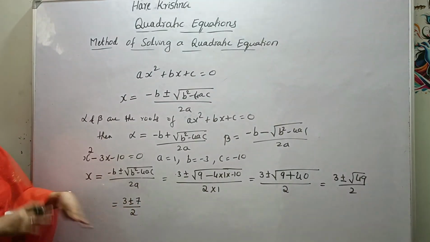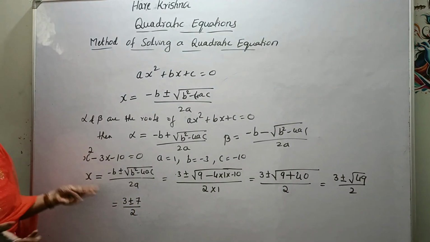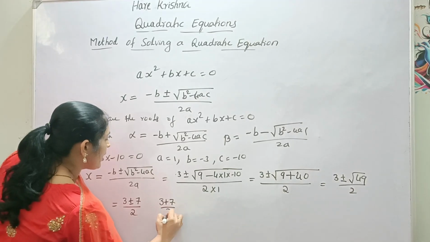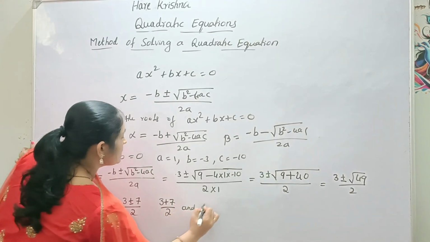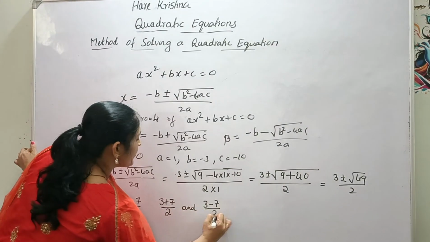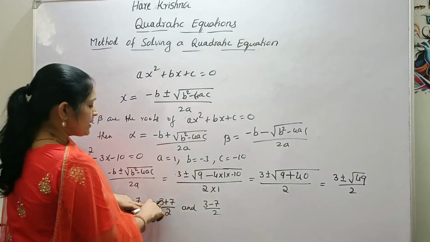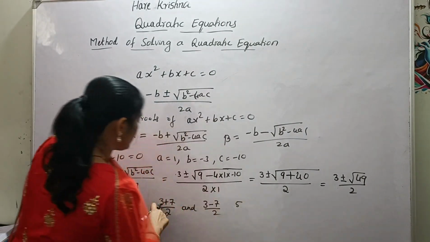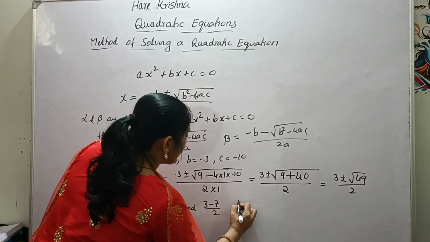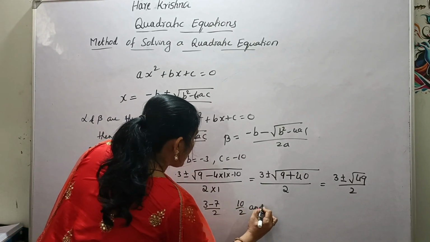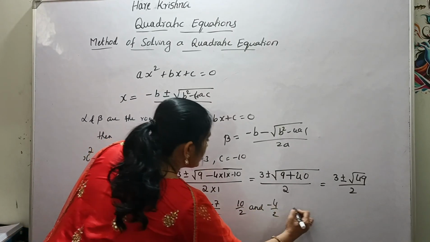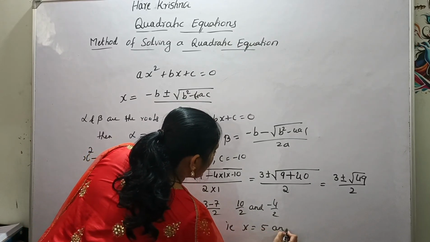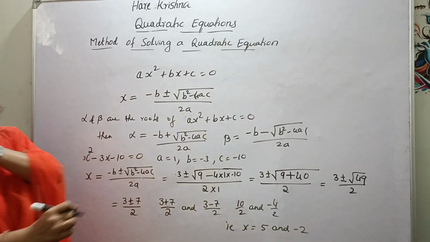Now we can split into two values: one is 3 plus 7 divided by 2 and the other is 3 minus 7 divided by 2. 3 plus 7 is 10, 10 by 2 is 5, and minus 4 by 2 is minus 2. So x is equal to 5 and minus 2.